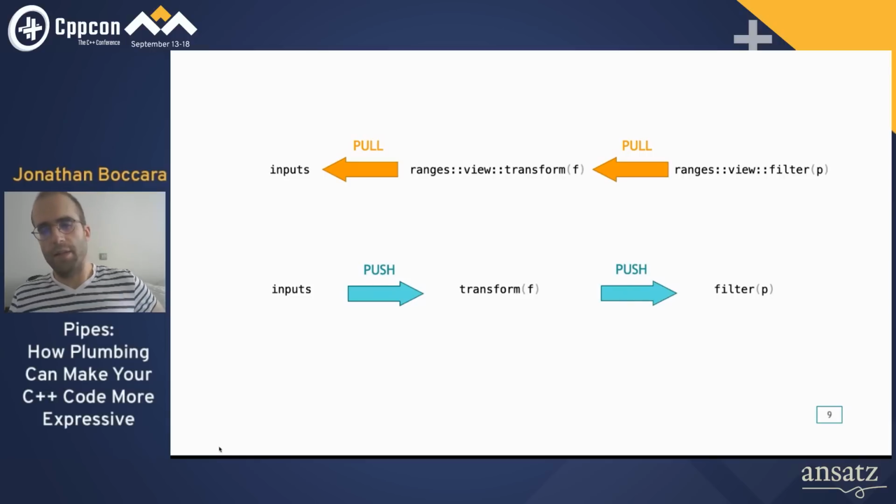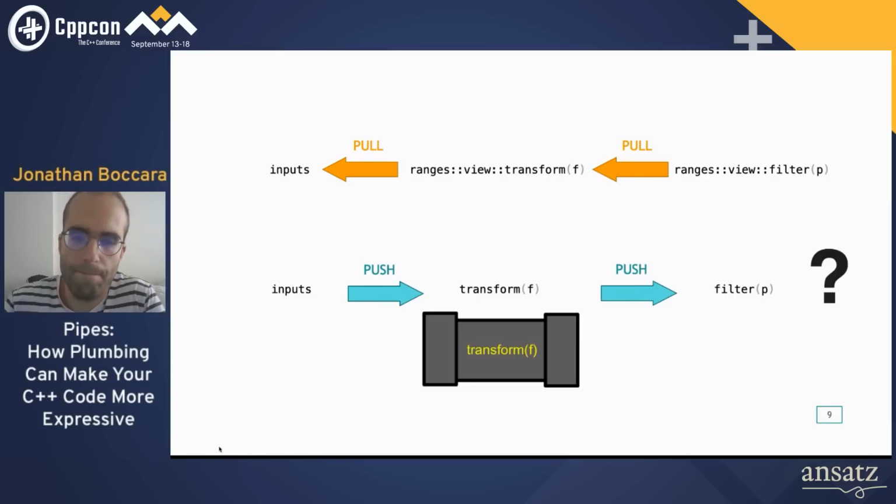Let's try and do that and see the other trade-offs that we get and the other good things that this brings. And the whole purpose is to use ranges and this push model together to get the best of both worlds.